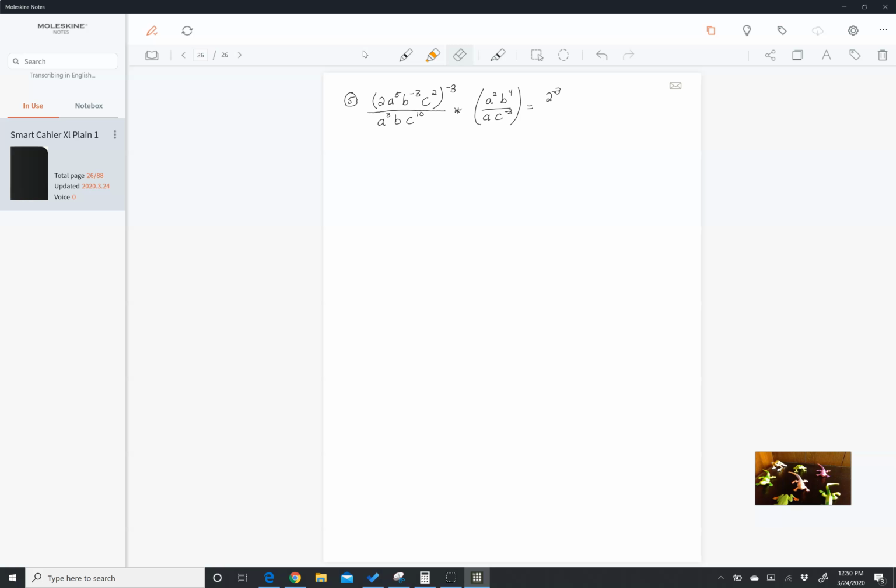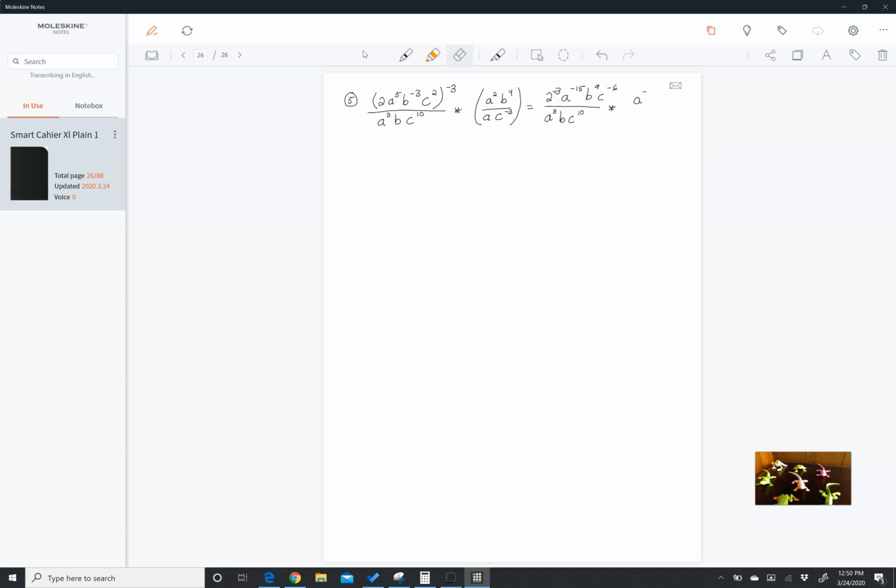Okay, so 2 to the negative 3. Then we can just multiply exponents as usual. So we have a to the negative 15, b to the positive 9, c to the negative 6th, over a cubed, b, c to the 10th.